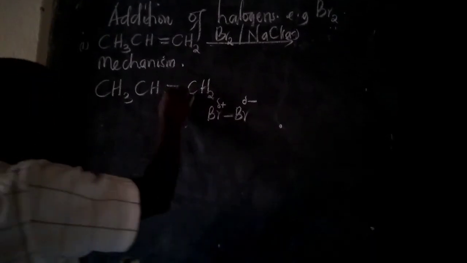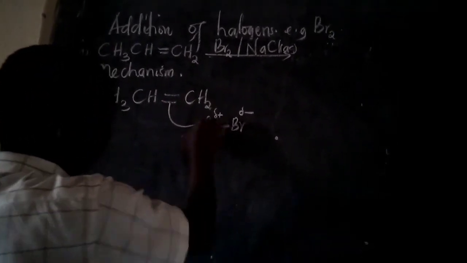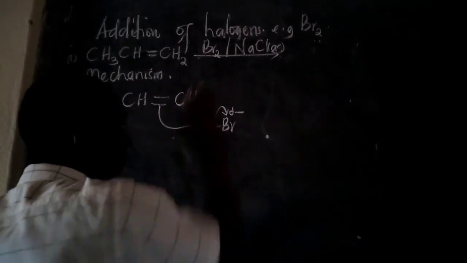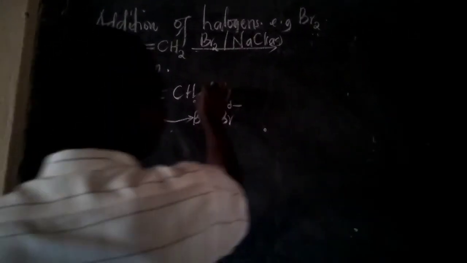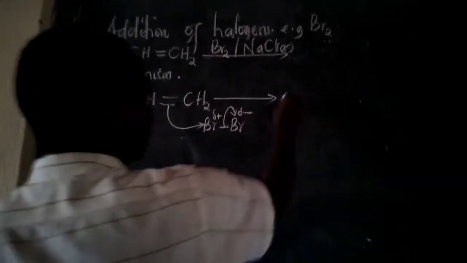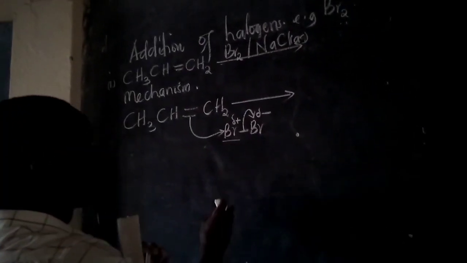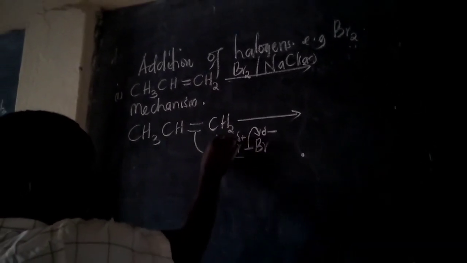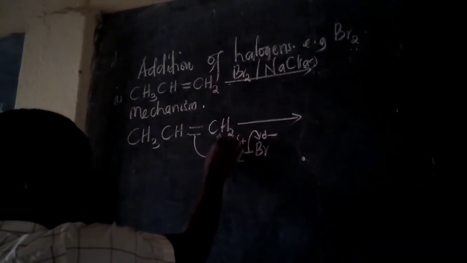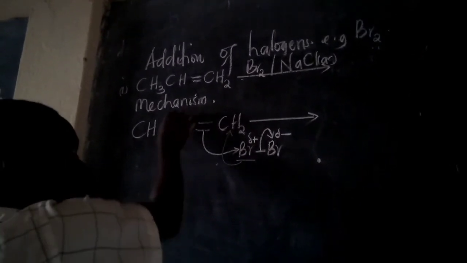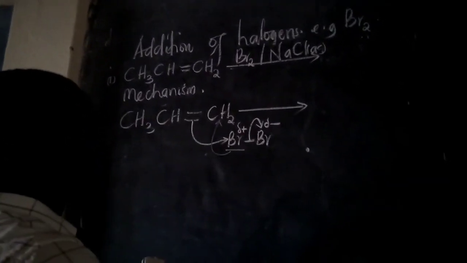So we shall see the pi bond interacting with the partial positive side as complete cleavage takes place to remove that bromine in form of a bromide. So what do we come up with? Addition of this will follow Markovnikov's rule, such that its addition will go to that carbon atom and not this side. So this side will leave what we call a positive hole that gives us the carbonium ion.